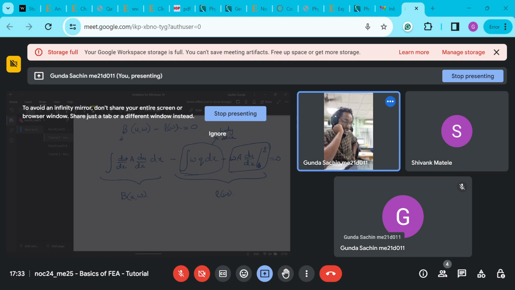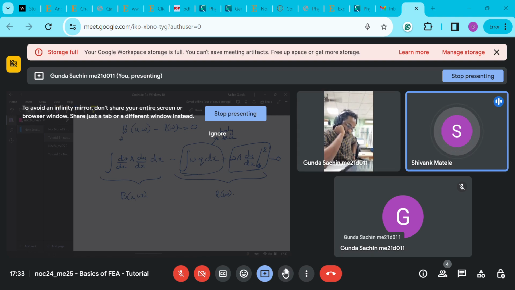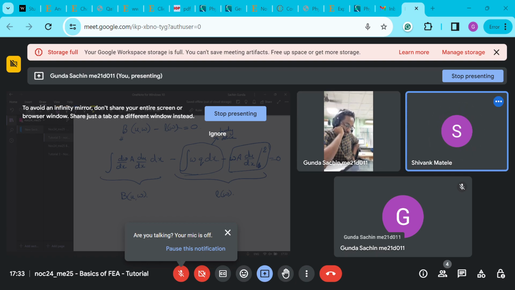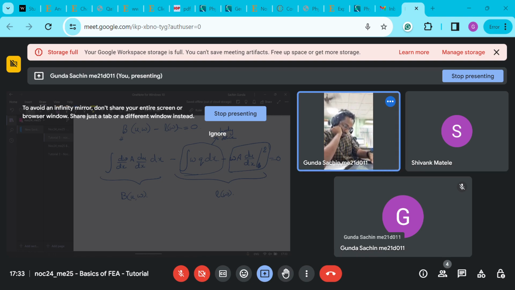Sometimes we say it like this, but that does not make sense. I don't think both are the same. It is said to be both bilinear and symmetric.